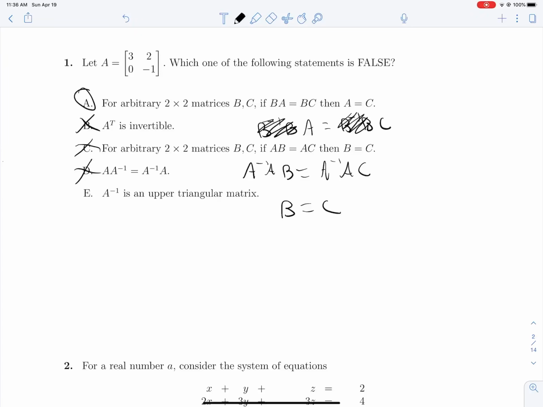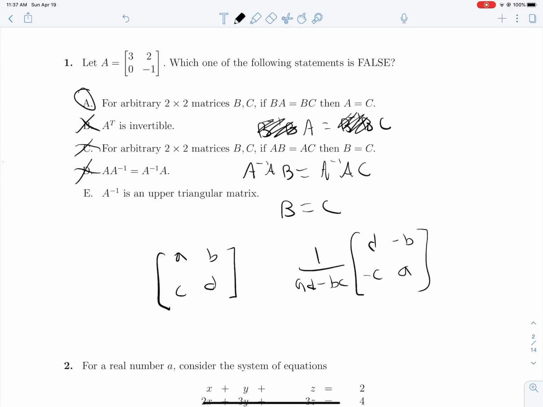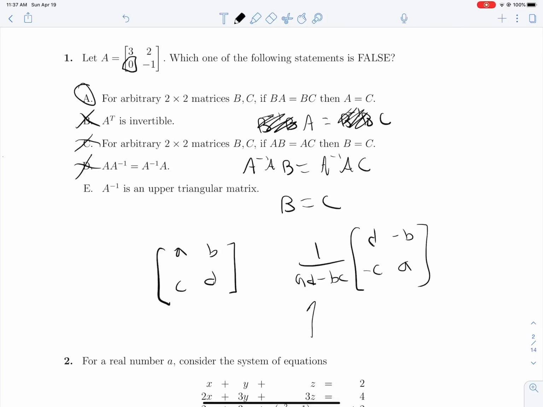Let me rewrite this. We have our A, B, C, and D positions. When we take our inverse, we'll have 1 over AD minus BC multiplied into D, -B, -C, A. And because this C position doesn't move and all of our other terms are non-zero, and we're multiplying by 1 over some non-zero number, our A inverse will also be an upper triangular matrix.